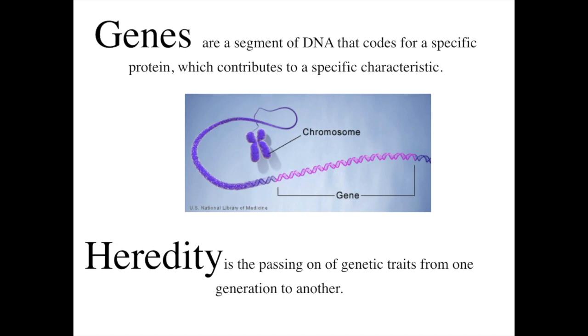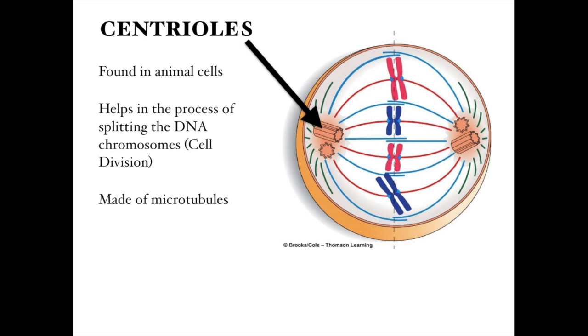That is called heredity. We talked about a centriole very briefly when we talked about the organelles. This is where the centriole is very important. We described centrioles as little microtubules, little tubes that come out to aid in the process of cell division.